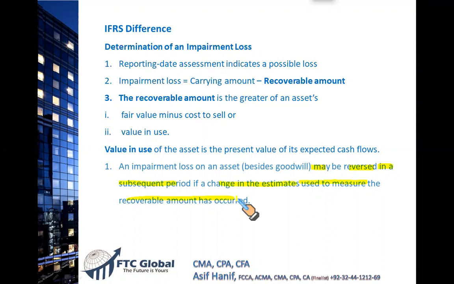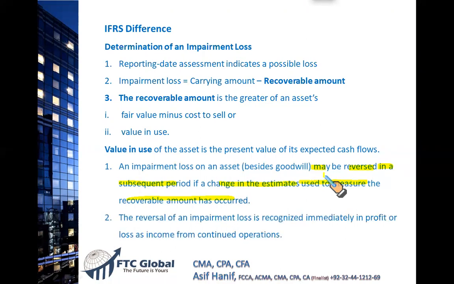Any reversal cannot be charged against the balance sheet. It has to be reported as a gain in your continuing operations income statement. In other words, reversal of impairment loss is recognized immediately in profit or loss as a part of your income from continuing operations. So this is quite a contrast to what we've done in the US GAAP.